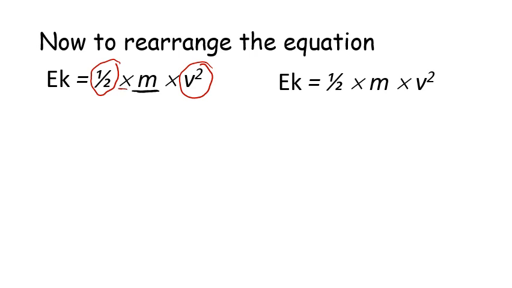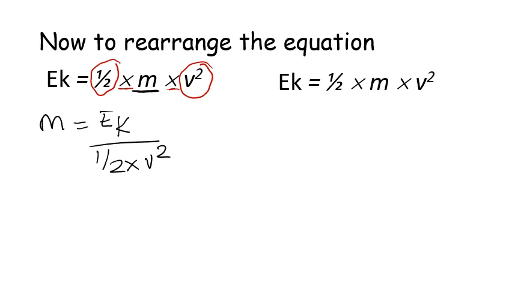Here they're multiplications. If I move them across to the other side, they become the inverse operation, which is a division. So mass equals the kinetic energy divided by 1/2 times velocity squared.